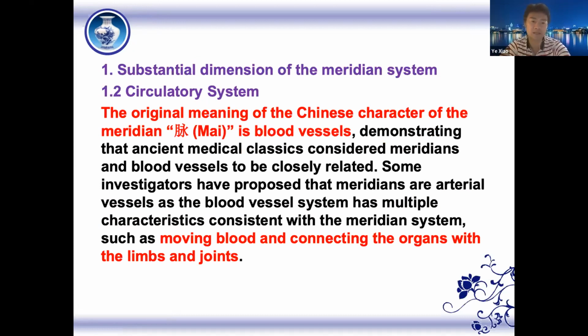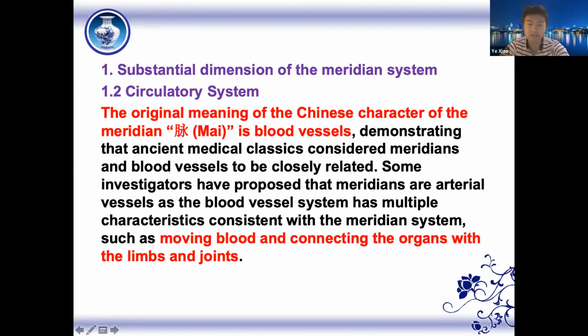And the second system mostly discussed is the circulatory system. In the original meaning of the Chinese character for meridian, mai is actually blood vessels, which means ancient medical classics considered the meridians and the blood vessels to be closely related.